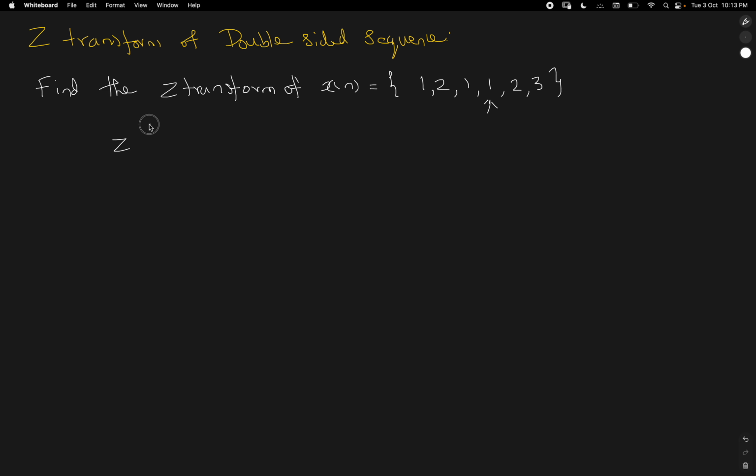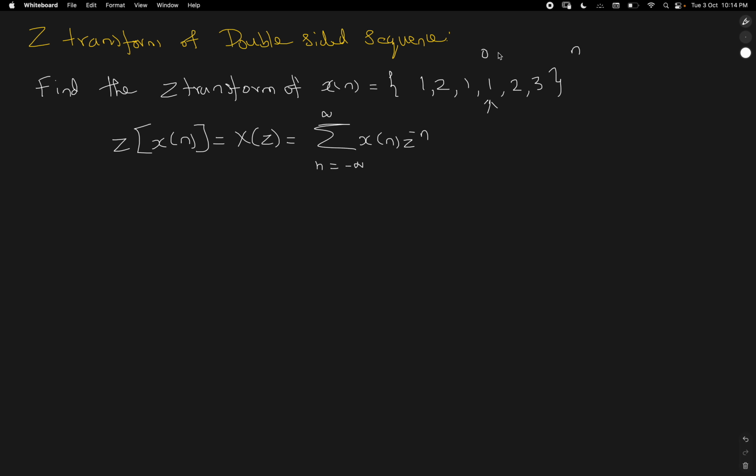Z transform of x of n, which is equal to x of z, is equal to summation n is equal to minus infinity to plus infinity x of n z power minus n. As you know, the arrow indicates the value of n is equal to 0 at this point.